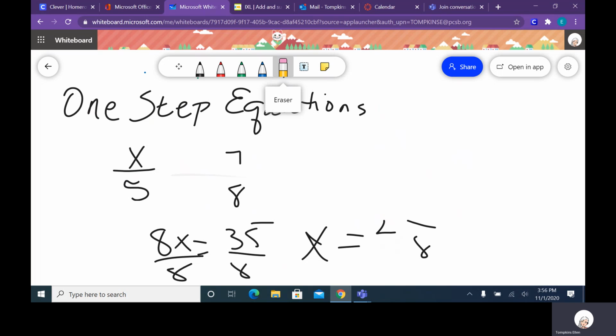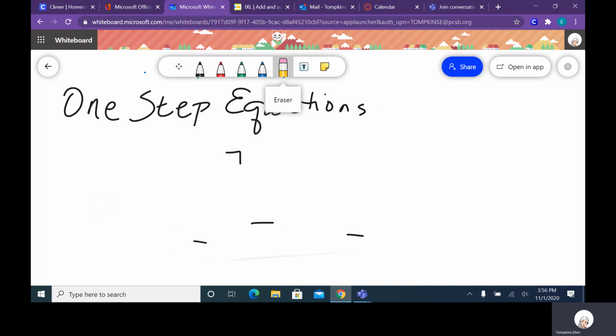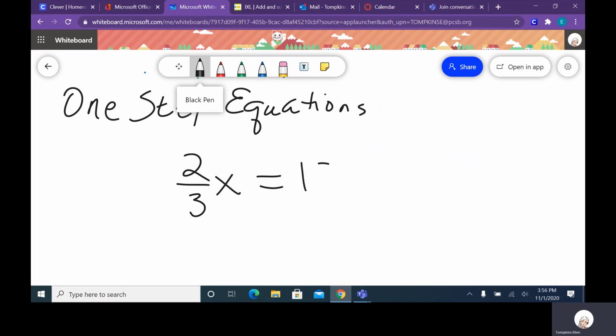Interesting. But what if we have this one, which is a little different? 2/3 x = 12. Now, do you see how you've got this fraction here, this obnoxious little fraction, and it's stuck to the variable? They're multiplying. But you've got a fraction, a little baby division problem.